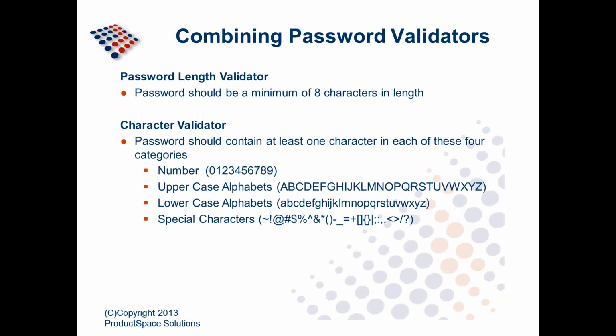So for example, if you wanted to create a password rule that said your users had to have a password of a minimum of 8 characters, and it also needed to have at least one of the following characters in the password, you could create a length validator as well as a character validator within WindchillDS, and then add both those validators to the policy.